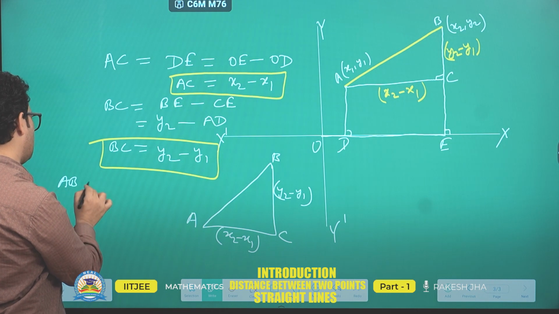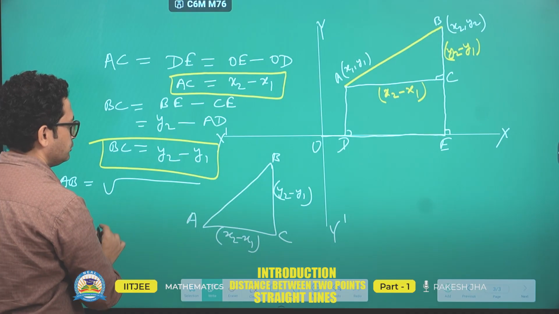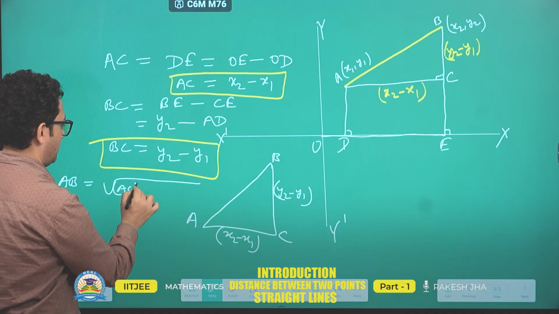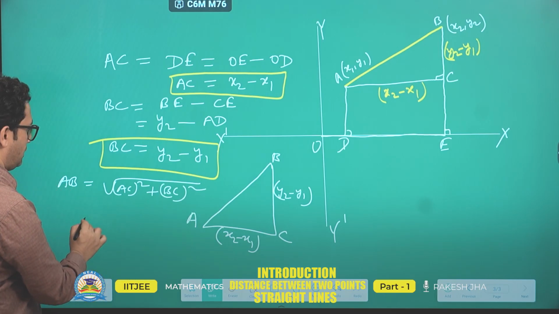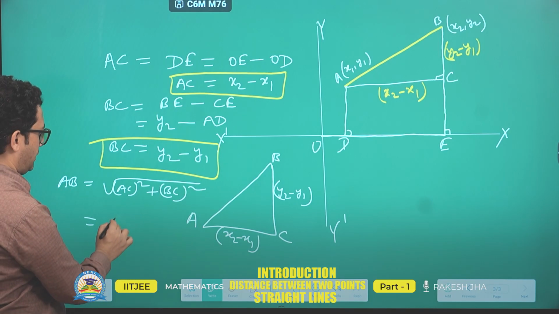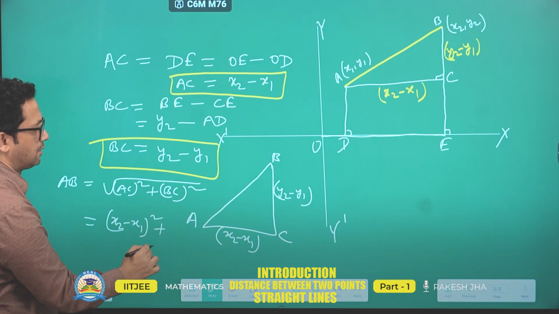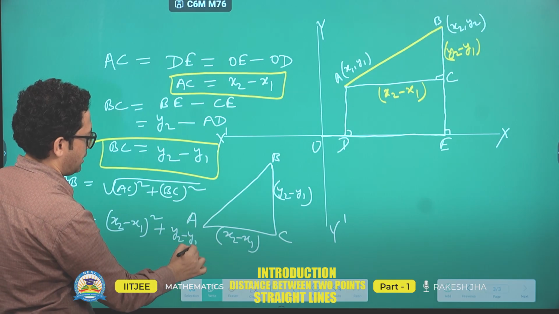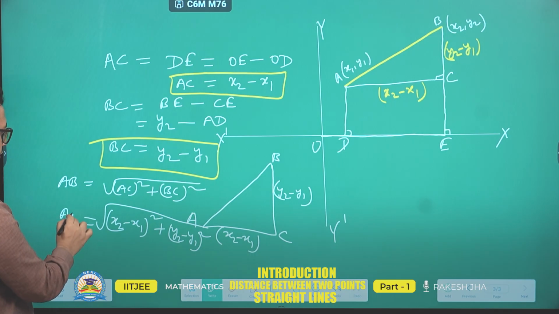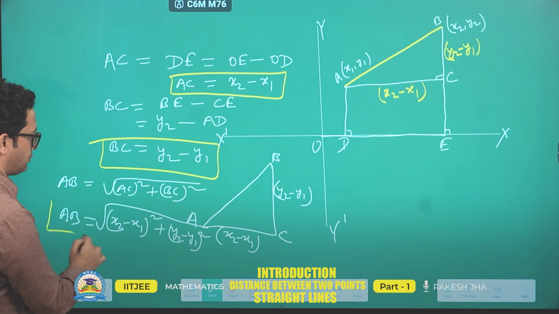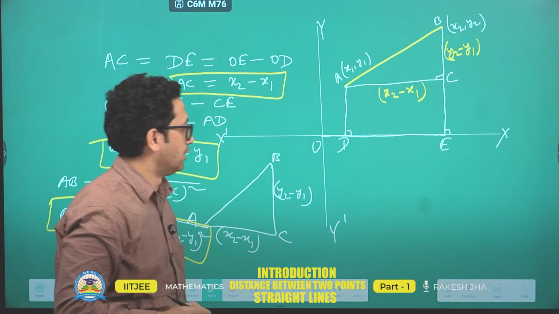So AB is equal to, using the Pythagoras theorem, AC square plus BC square under root. Now AC is X2 minus X1 whole square, and BC is Y2 minus Y1 whole square, under root. So this is how we are able to derive this basic formula, the distance formula.